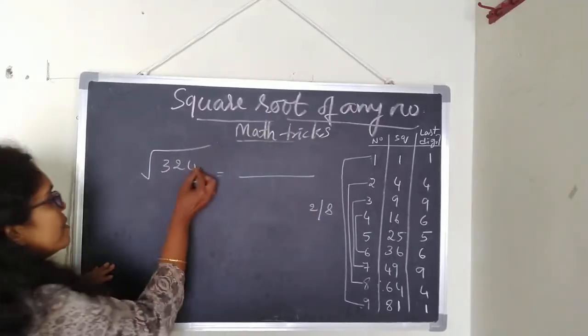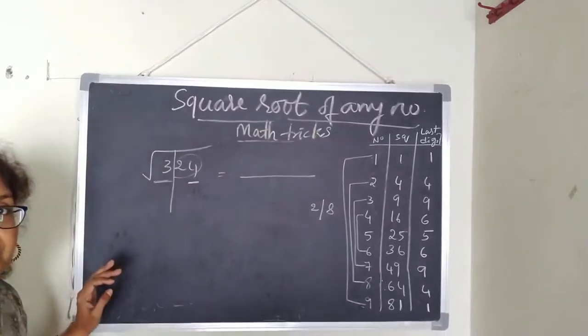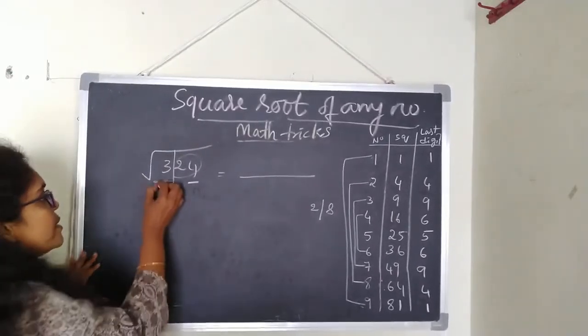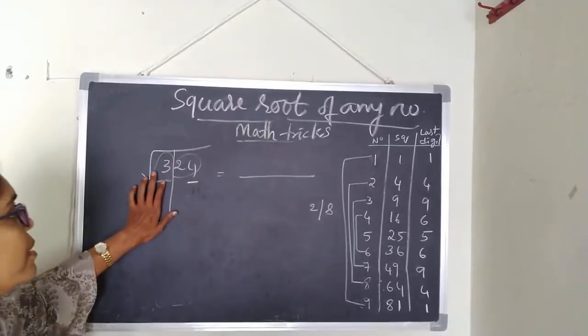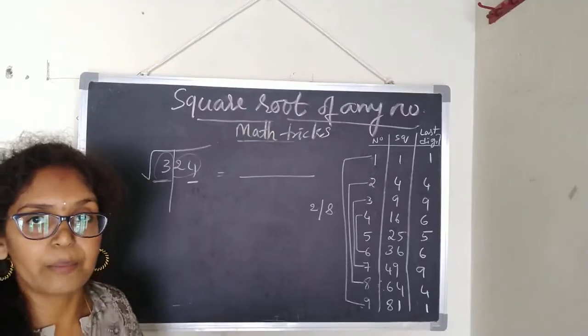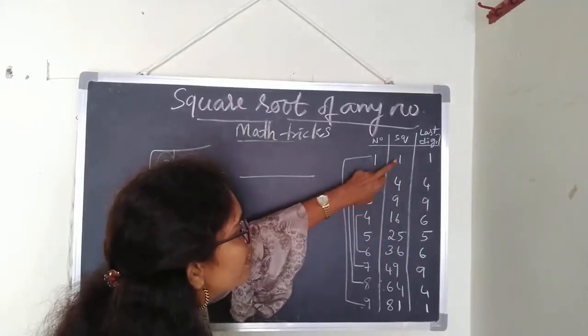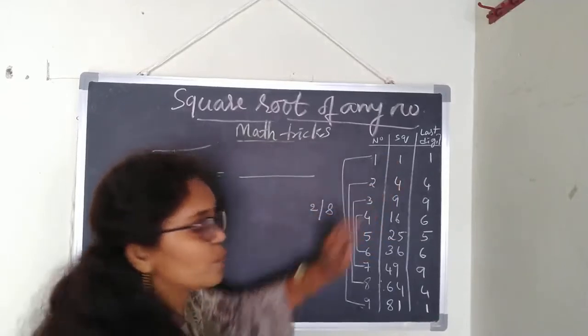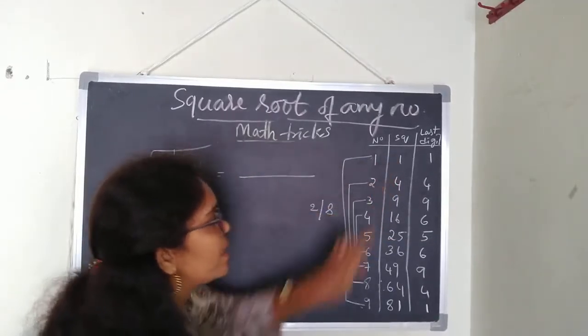Then ignore the last two digits and come to the first digit. The first number lies between which 2 square numbers? It lies between 1 and 4. So 3 lies between 1 and 4.